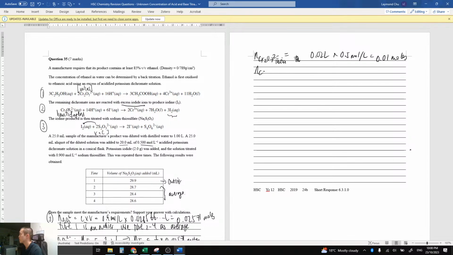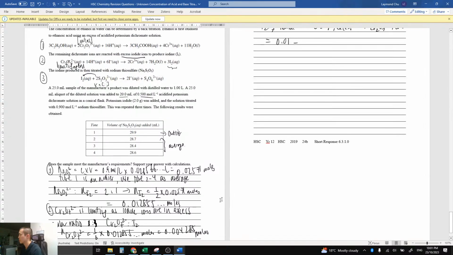And we do Cr2O7 initial minus Cr2O7 excess to find what's our consumed, because that's what this reaction is happening, right? We want to see what's consumed, and then we can do our molar ratio again to work out the moles of our ethanol.